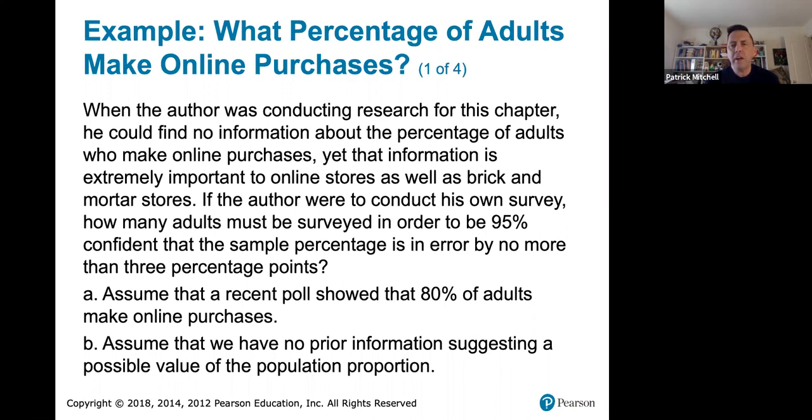If the author were to conduct his own survey, how many adults must be surveyed in order to be 95% confident that the sample percentage is in error by no more than 3 percentage points? So first, we're going to assume that a recent poll showed that 80% of adults make online purchases. And then we're going to assume that we have no prior information suggesting a possible value of the population proportion.